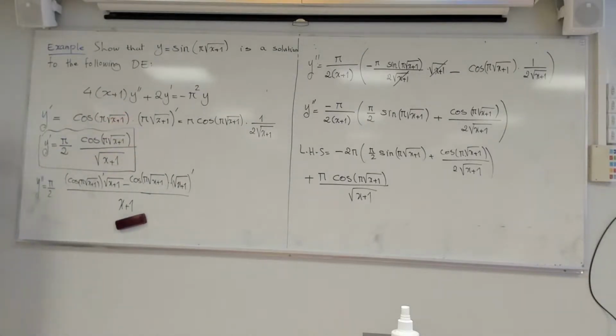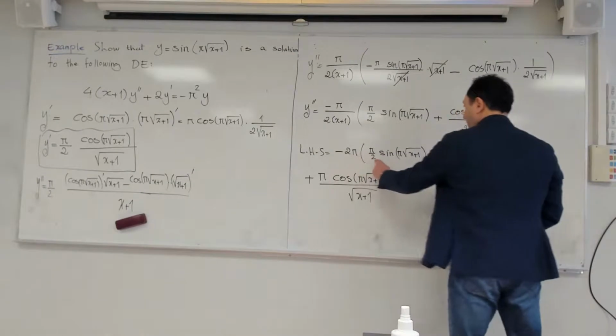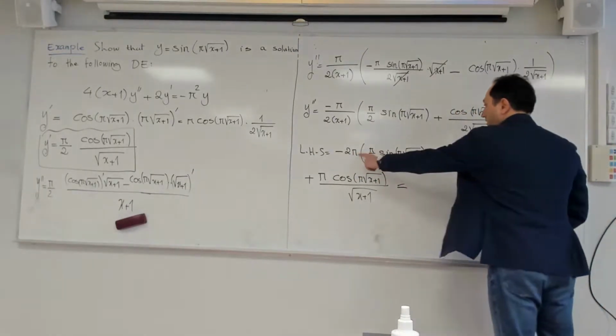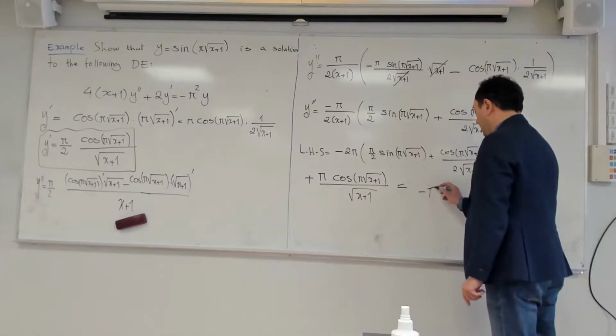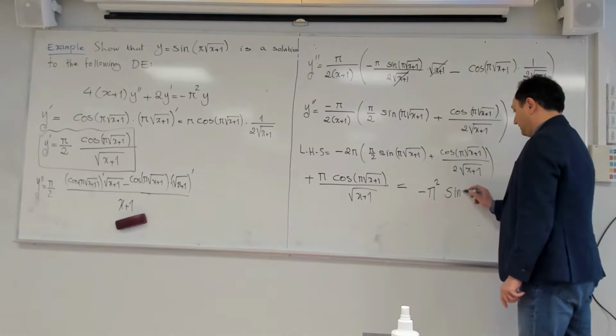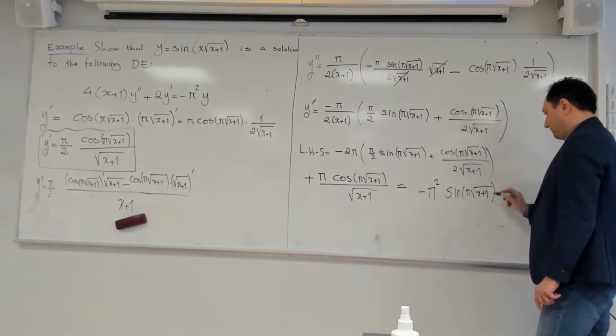Now let us simplify this expression. Do you think it is hopeless or hopeful? Yeah, do you think that there's something going on? Let us multiply minus 2 pi here. What happens? This 2 and that 2 are cancelled. Pi times pi becomes minus pi squared, and this expression. Yes?